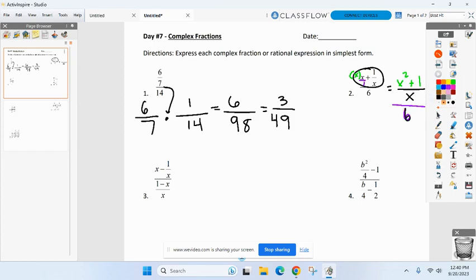Now I need one fraction on top of another. I can't have 2 separate ones. Now I can skip and flip. Keep the top the same, x squared plus 1 over x. Flip the bottom, and what's that become? 1 over 6. Anybody want to try to factor that? X squared plus 1 at this point in the year?